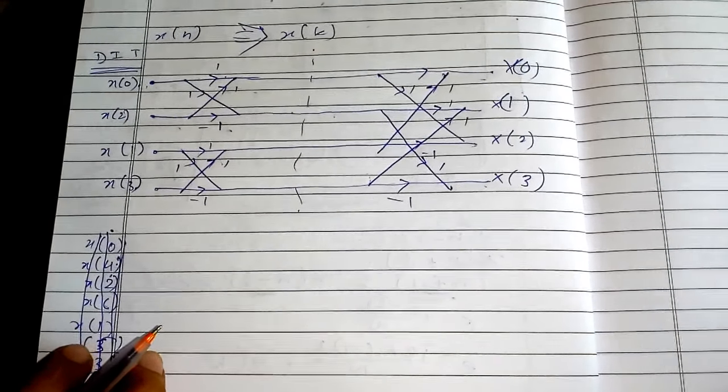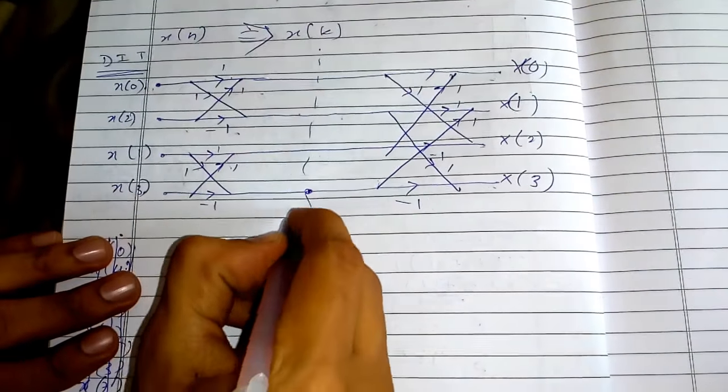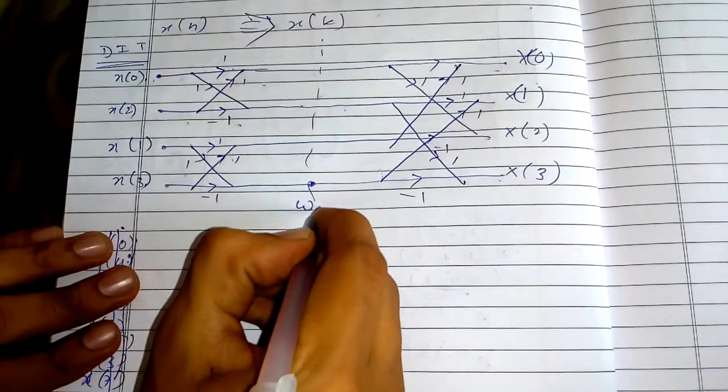What is the next step? Well, the next step is you have to write here omega 4 raised to 1 and here omega 4 raised to 0. Standard, no questioning it. Omega 4 raised to 1, omega 4 raised to 0.